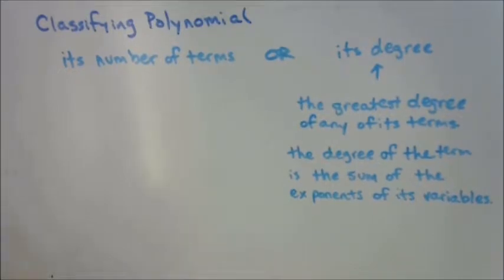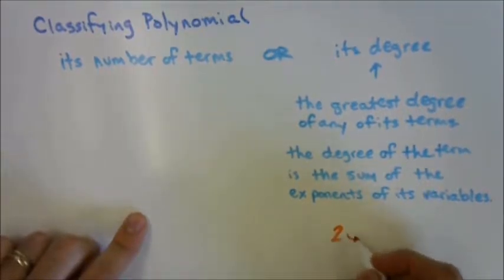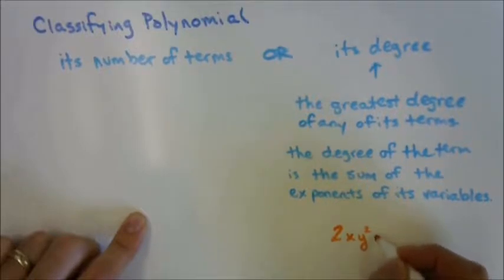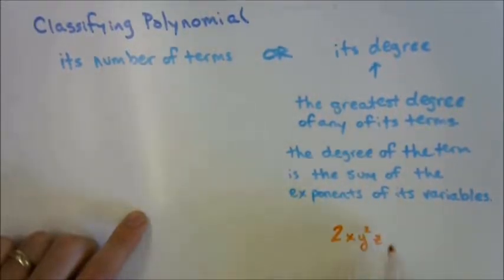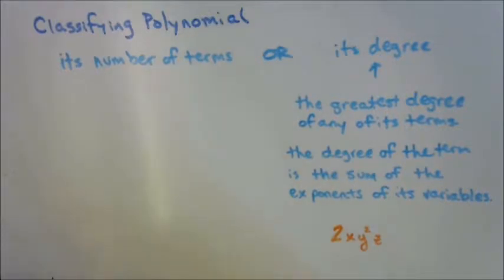And that's a big mouthful, but it's pretty simple when you break it down. Let's say you had the term 2 times x times y squared times z. That's one term because it's glued together by multiplication, right? And we realized a polynomial was a chain of terms linked together using subtraction or addition. So this is just multiplication, which makes this whole thing one term.